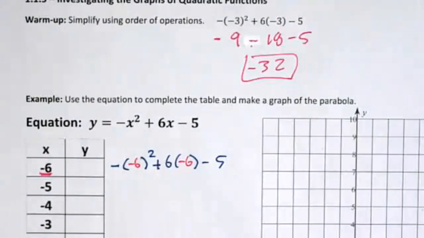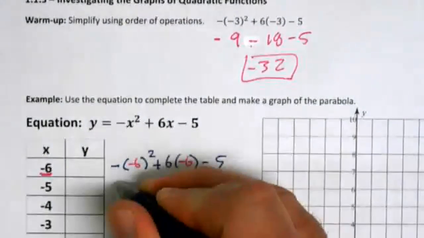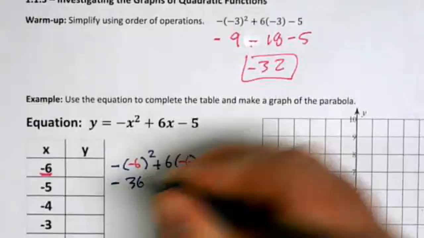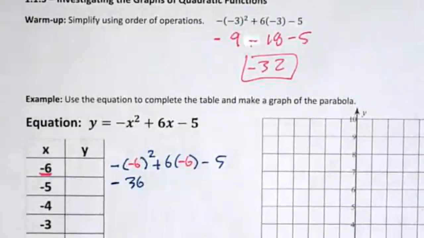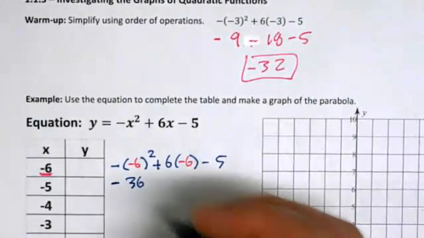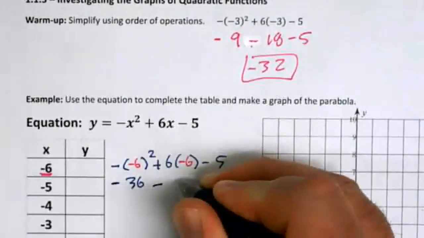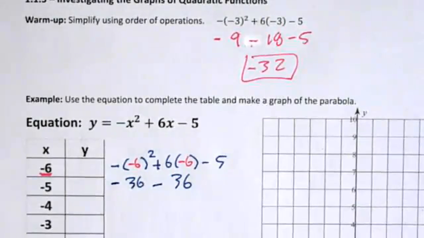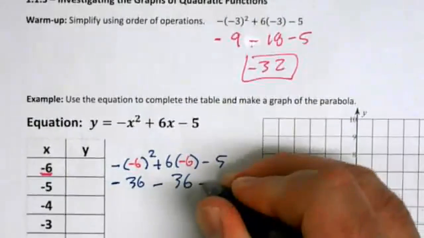All right, so we'll leave the negative alone for right now. What is -6²? -6 times -6 would be +36. And then I've got +6 times -6. So a positive times a negative is going to give me a minus. 6 times 6 is 36. And then we've got -5.